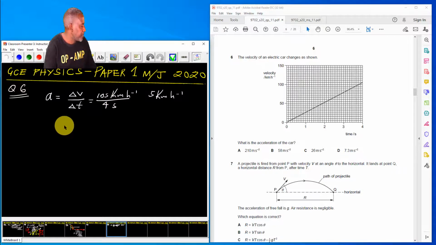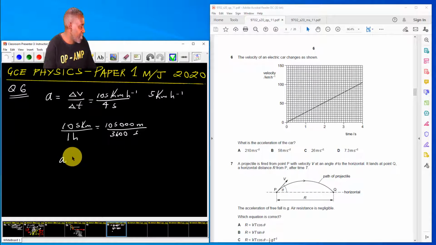So 105 kilometers per hour is like 105 divided by 1 hour. I would convert 105 kilometers into meters by multiplying by 1,000, and 1 hour into 3600 seconds. And you can see I've now got my answer in meters per second.